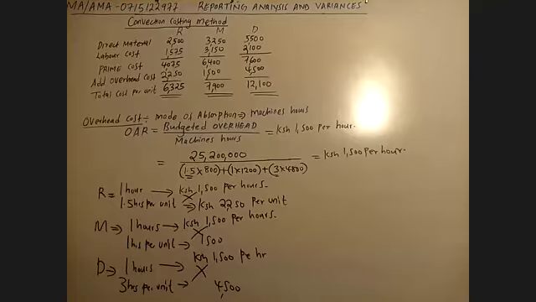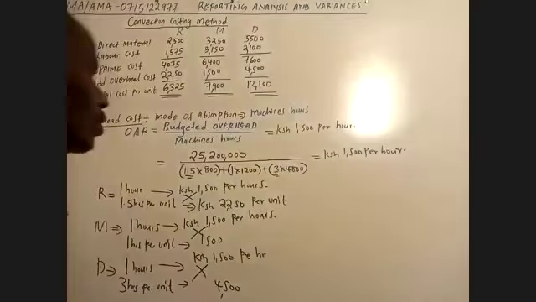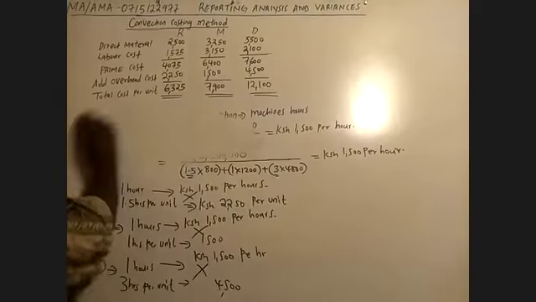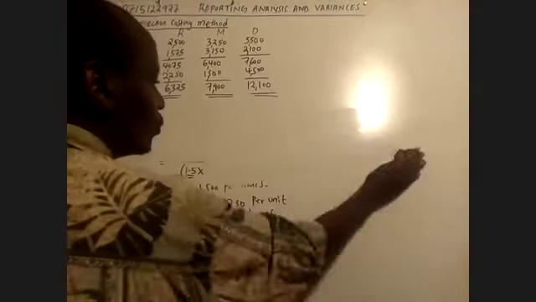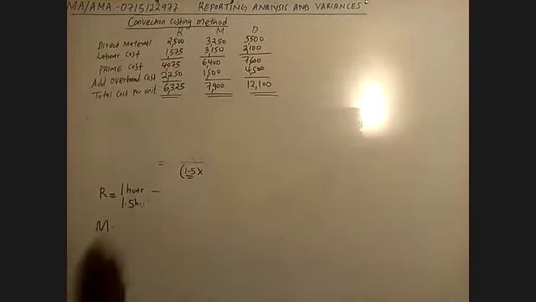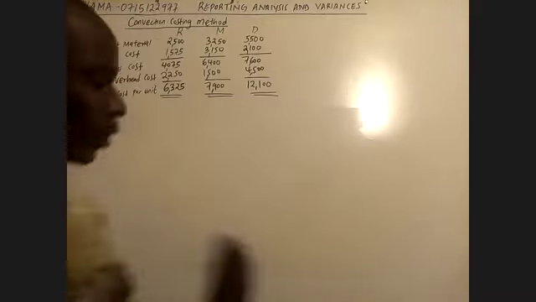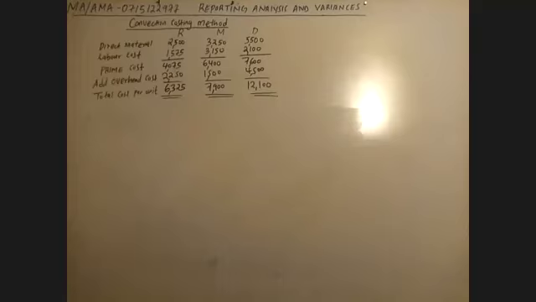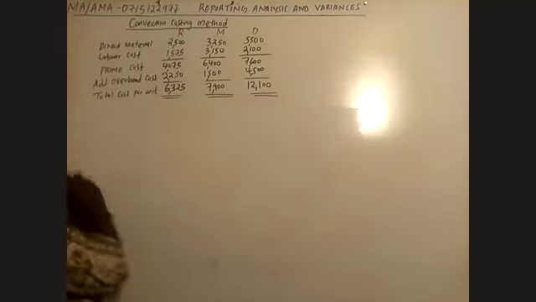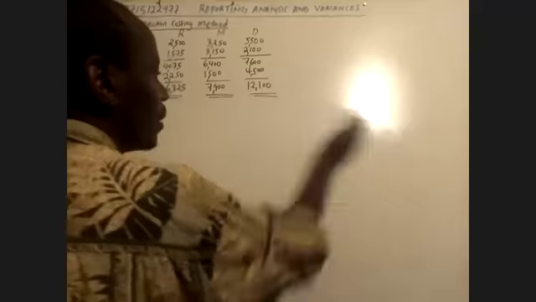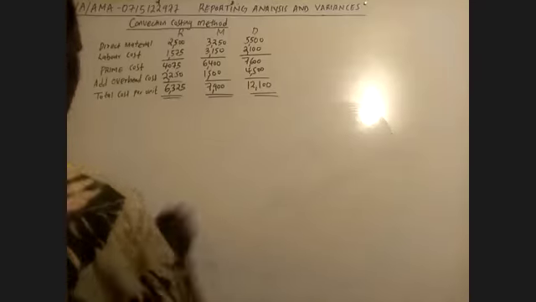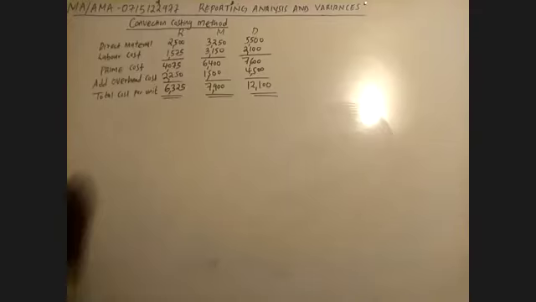Now let us move on to full cost for this conventional costing. So what will be the full cost? If you want to get the full cost, you multiply with the number of units.